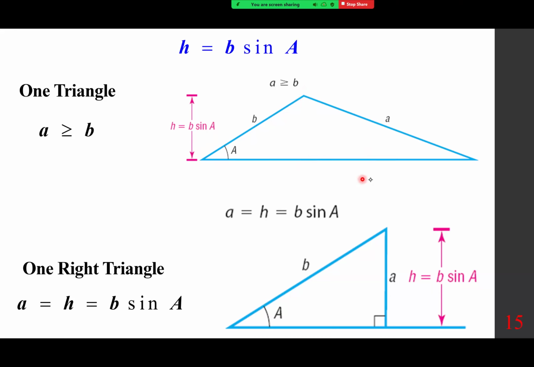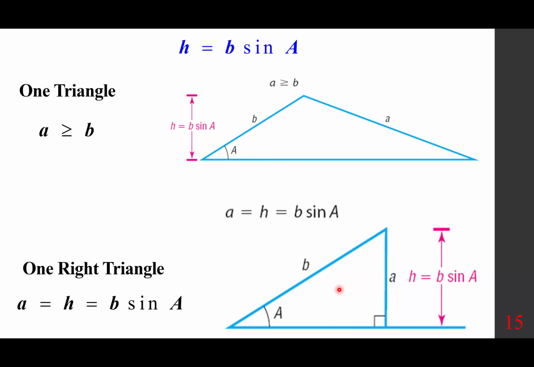So when A is equal to H, which equals B sine A, we have one triangle, and it's a right triangle. Either way results in one answer.